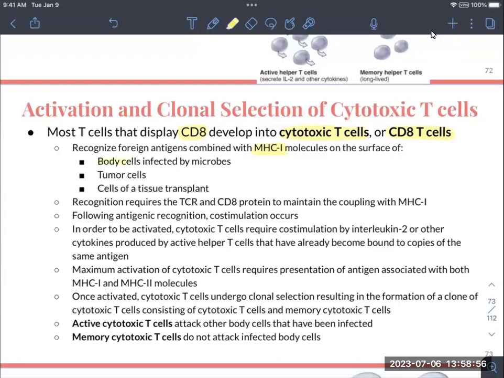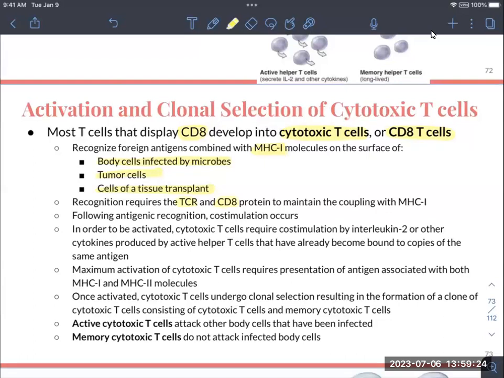These can be body cells, tumor cells, even transplant cells. So for recognition, the TCR and these CD8 proteins come together and it'll activate.